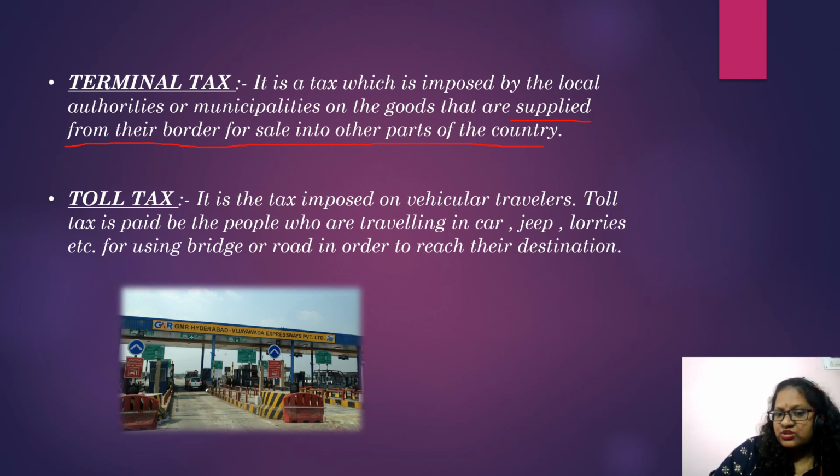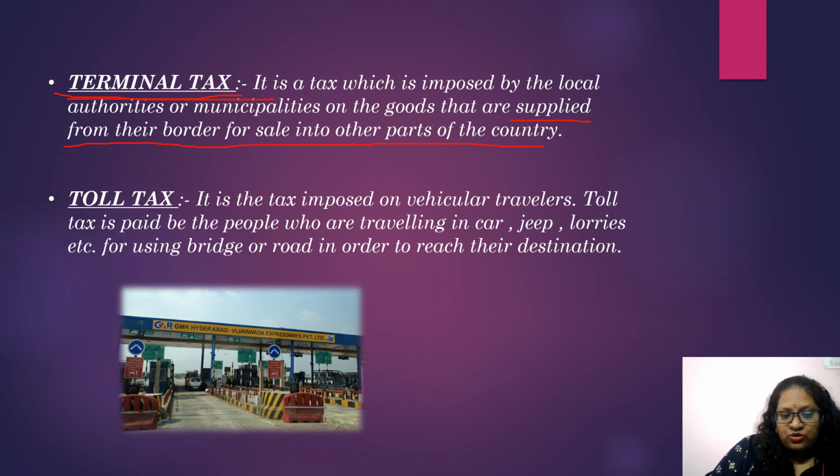But when we are supplying goods to other parts of the country for sale, there is a tax called terminal tax. So, we have a tax when we purchase the goods, that is the octroi tax, and there is a tax when we sell the goods, that is the terminal tax.